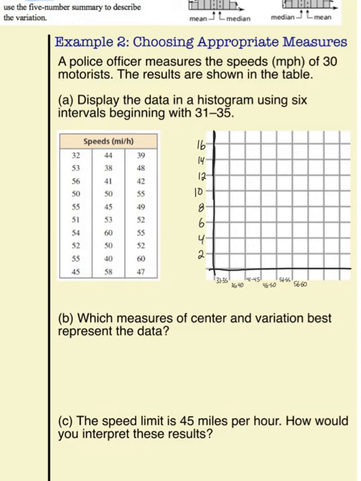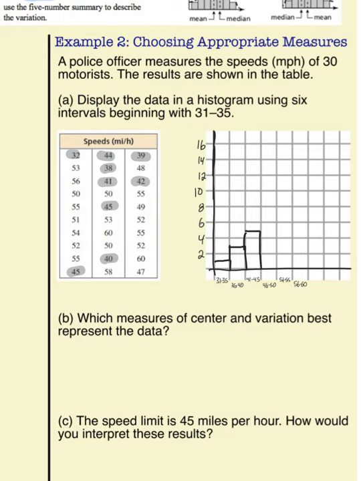So from 31 to 35, there is only one motorist. So we're going to go ahead and make that bar. And then from 36 to 40, there were 3 motorists. So we're going to go ahead and fill in that bar. And then from 41 to 45, there were 5 motorists, so we're going to go ahead and fill in that bar.